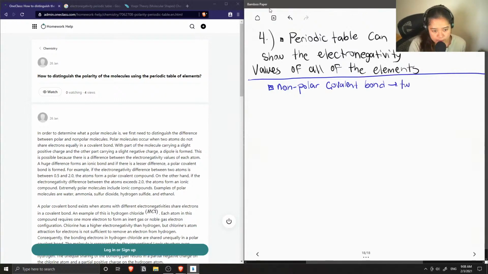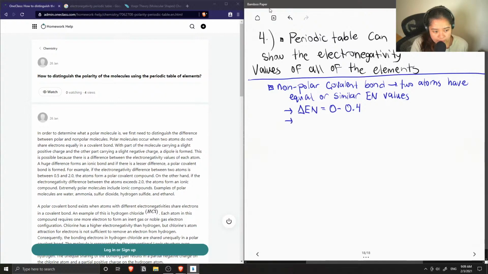This is when two atoms have equal or similar electronegativity values. So typically, the difference in electronegativity is equal to around 0 to 0.4.